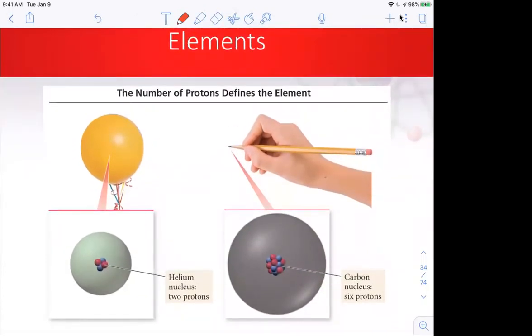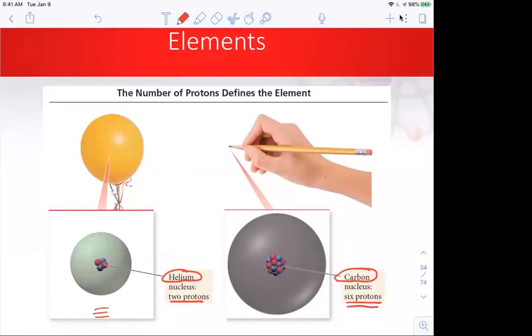Here's what I mean when I say the number of protons defines the element. Here I have the element helium. That's atomic number 2. It has 2 protons in the nucleus, and on the atomic level 2 electrons because it's electrically neutral. Carbon, which is a different element, atomic number 6, has 6 protons in the nucleus.